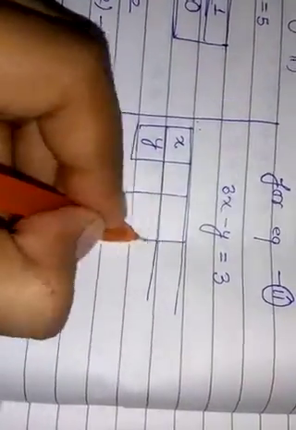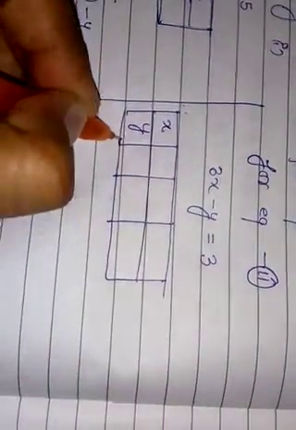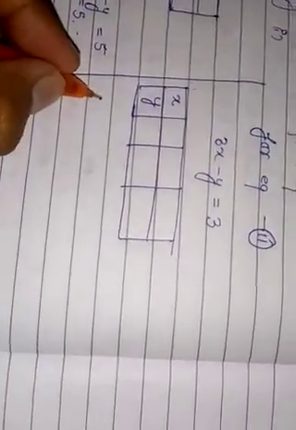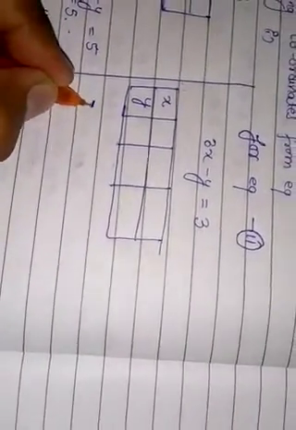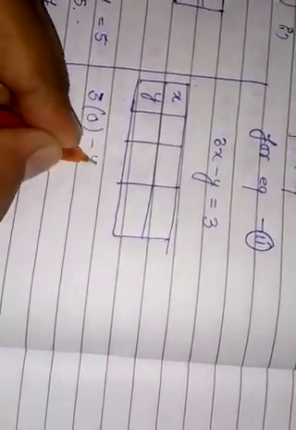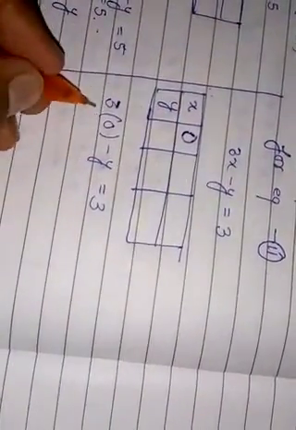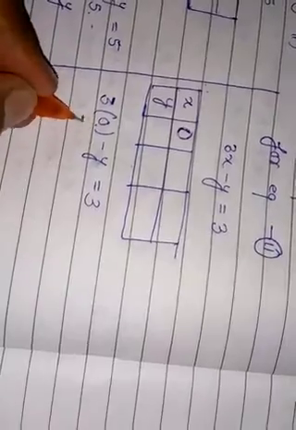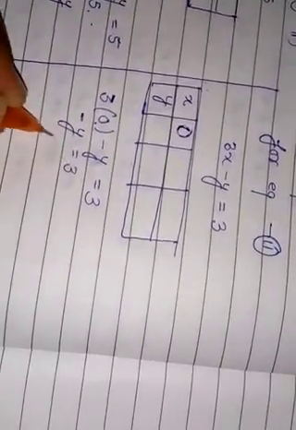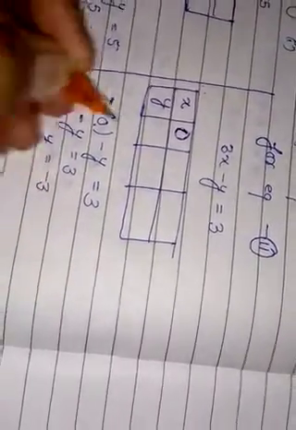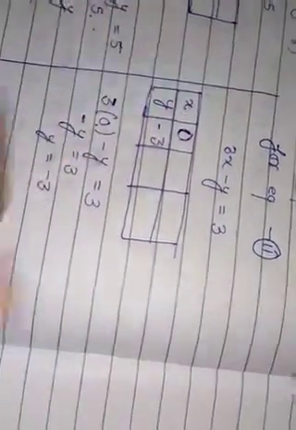So first, second and third, we have to calculate 3 values. Now we are putting the value of x equal to 0. So 3 into 0 minus y equal to 3. X is 0, so 3 into 0 is 0, minus y equal to 3 and y equal to minus 3. The value of y is minus 3.